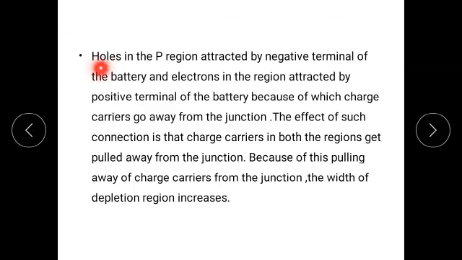In this case, holes in the p region are attracted by the negative terminal of the battery and electrons in the n region are attracted by the positive terminal of the battery, and because of which charge carriers in both regions get pulled away from the junction, and the width of the depletion layer increases.